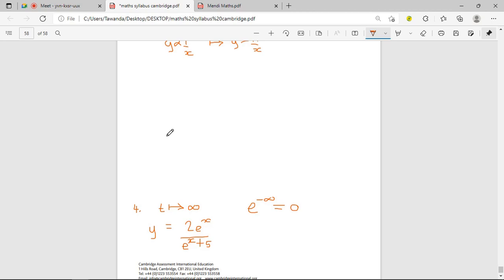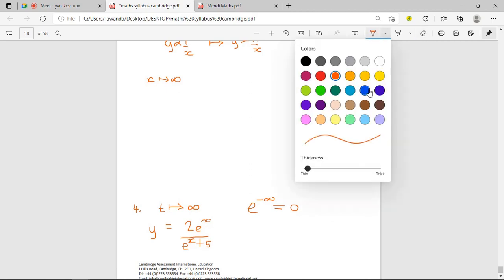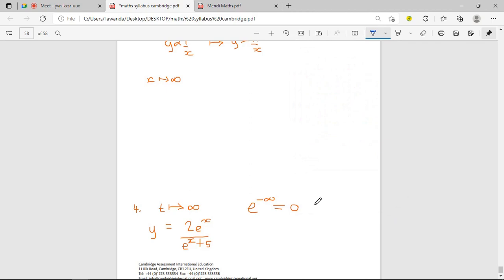Like I said earlier, if x becomes very large, we are saying x is approaching infinity, right? Yes. And we also have to use this result saying e to the power negative infinity, you should get 0, right?